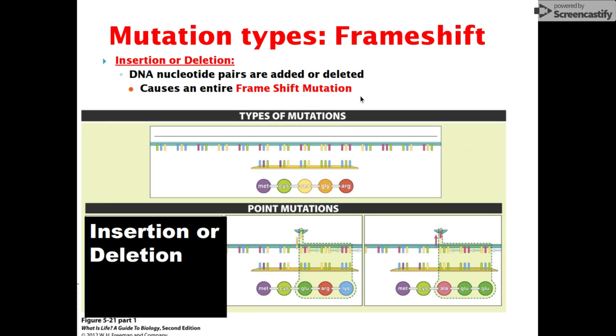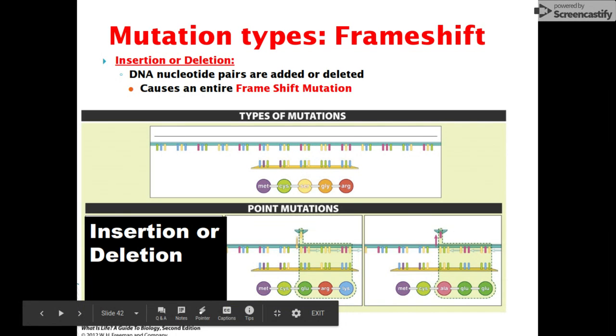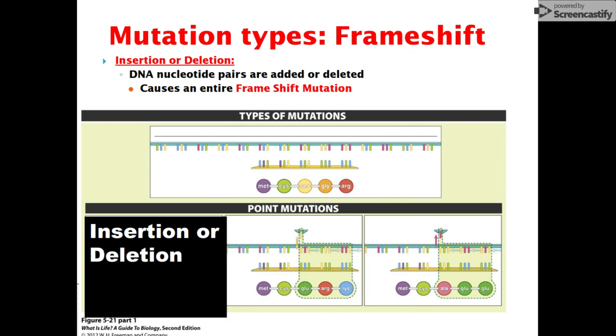Looking at a frame shift, this happens when we have an insertion or deletion. So either an extra base is added in or a base is removed during this process of either DNA replication or transcription.